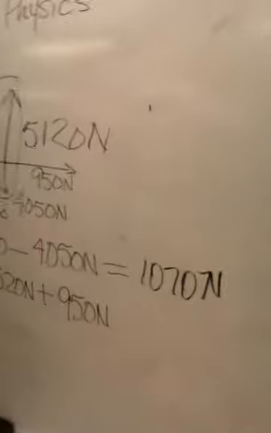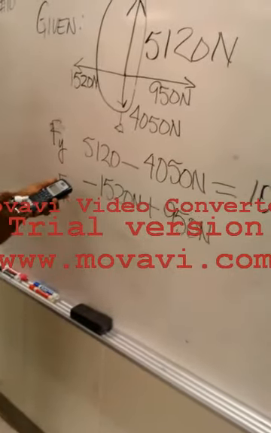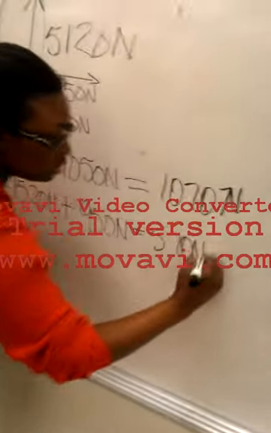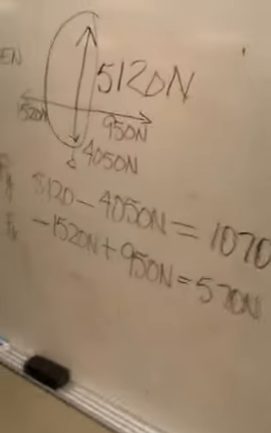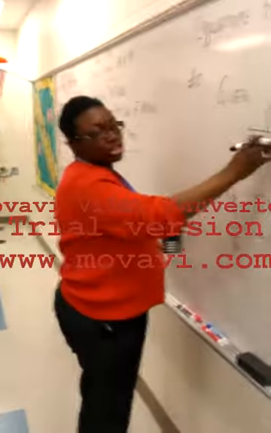Okay, and so once you put that in your calculator, you should get negative 570 newtons. Okay, so now you have both of these components. You can find the magnitude and the direction of the resultant for this balloon.